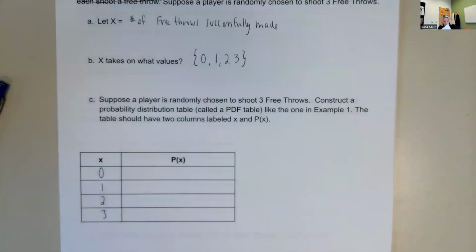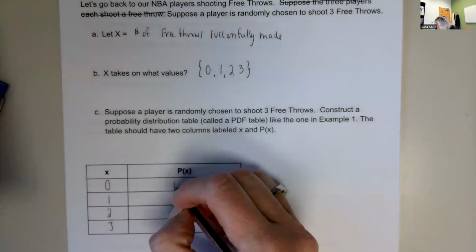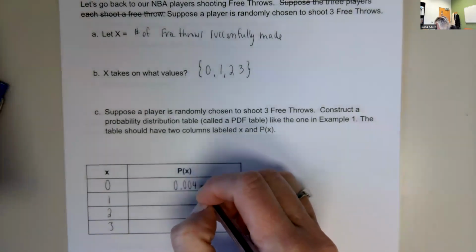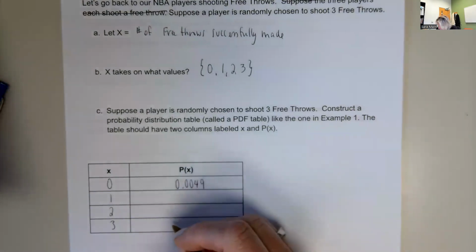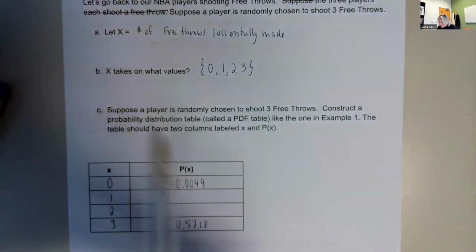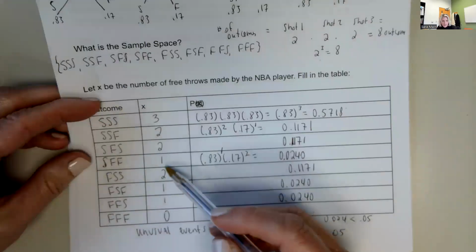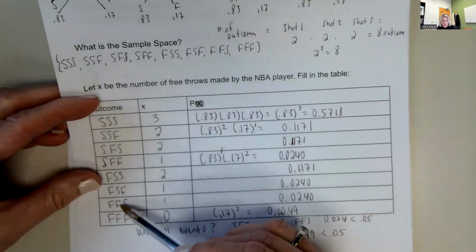And what are those probabilities? So for 0 successes, we said that was 0.0049. And for all 3, we said that was 0.5718. But 1 success actually happened 3 times, the SFF, the FSF, and the FFS.